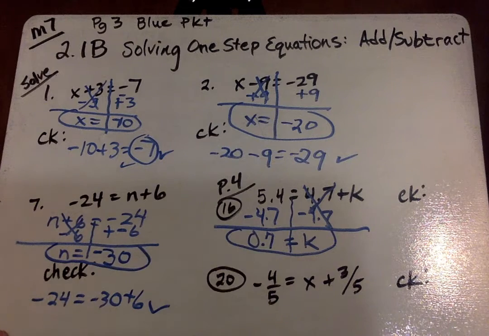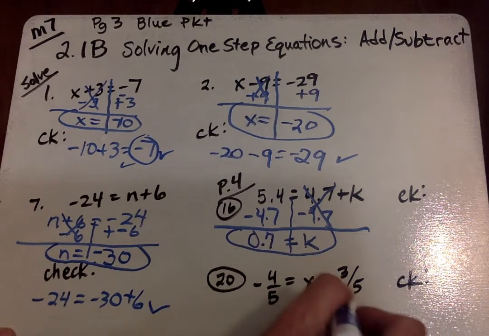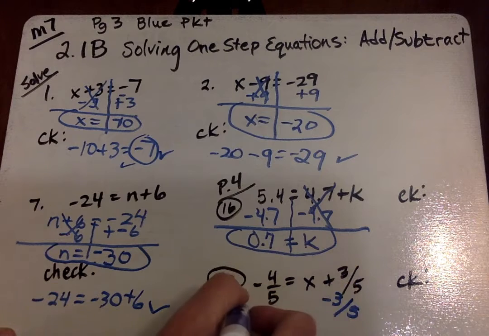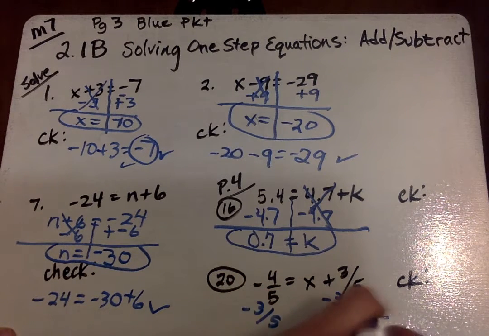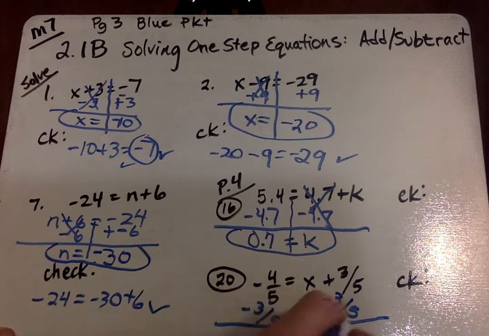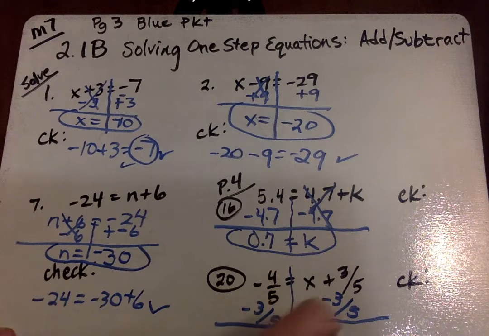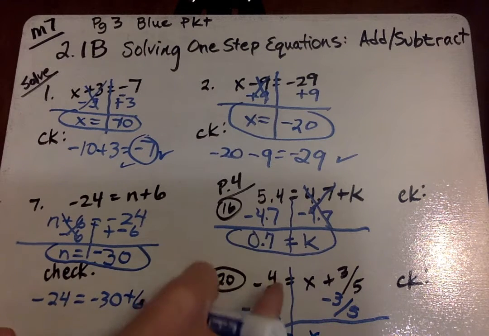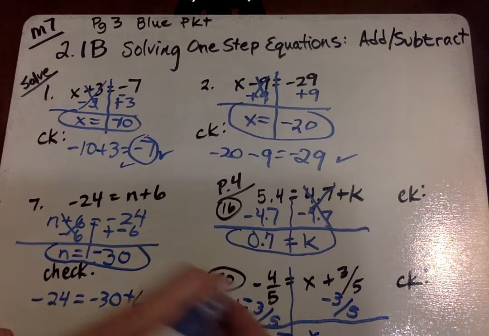Now this one down here, here's the variable, so I'm going to go minus 3/5 and minus 3/5. Now hopefully you remember how to subtract fractions. And again, I forgot to put my line down. So then I say x equals negative 4/5, and I'm going to change this minus sign to plus a negative 3/5.